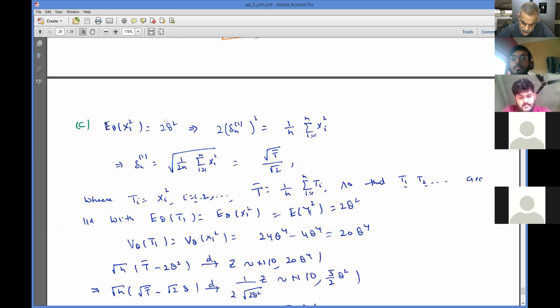Standard exponential is nothing but chi square on 2 degrees of freedom. No, standard exponential is not chi square on 2 degrees of freedom, because for chi square on 2 degrees of freedom, e to the power minus x by 2 comes.